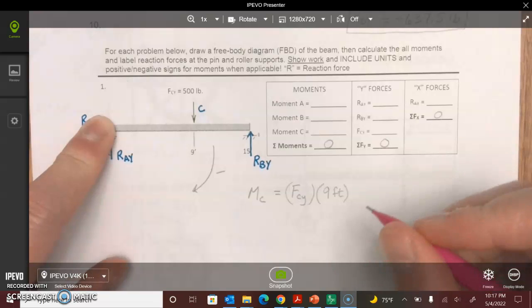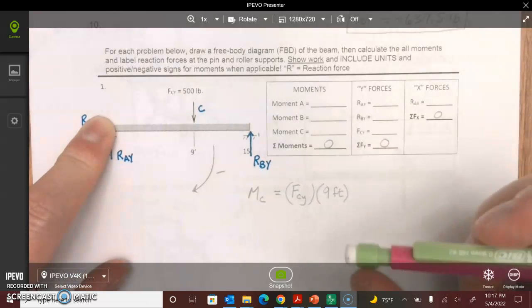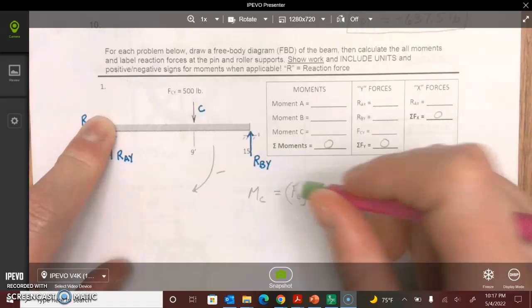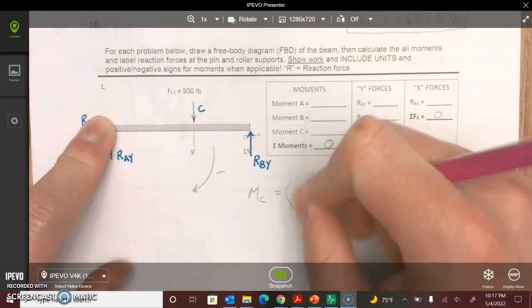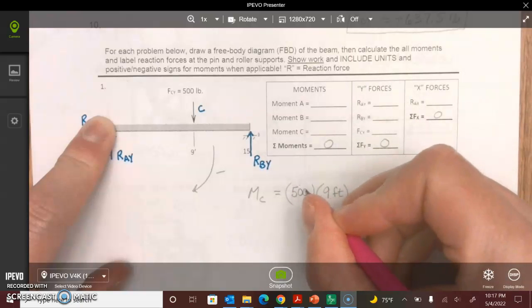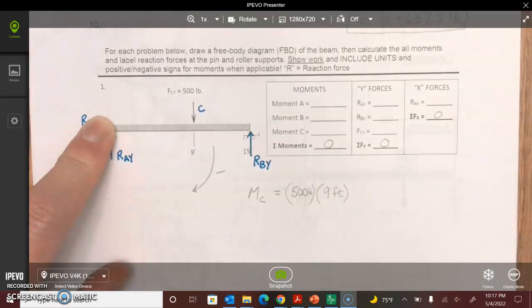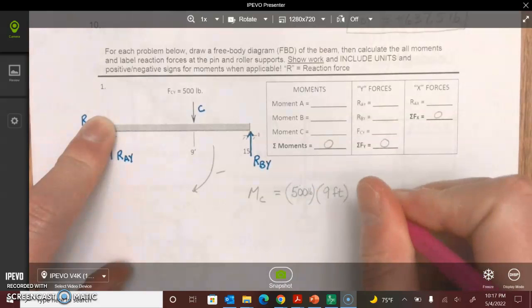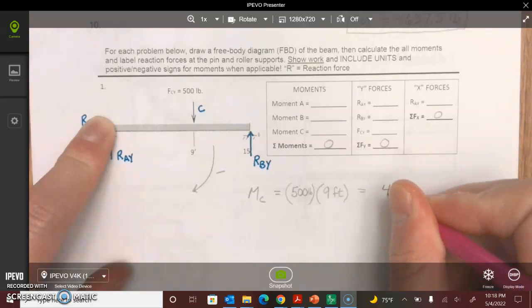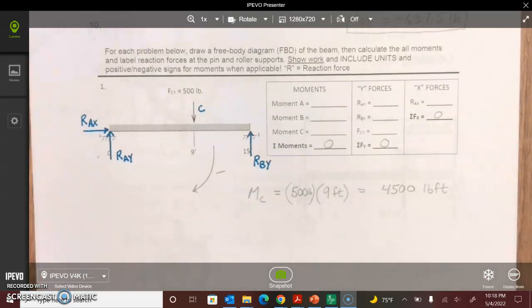I should have just put distance there, but let's replace that FCY with 500, because we know that value is 500 pounds of force. So 500 times 9 is 4,500 foot-pounds of torque, or a moment of 4,500.